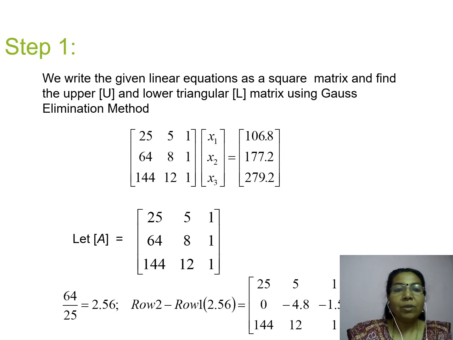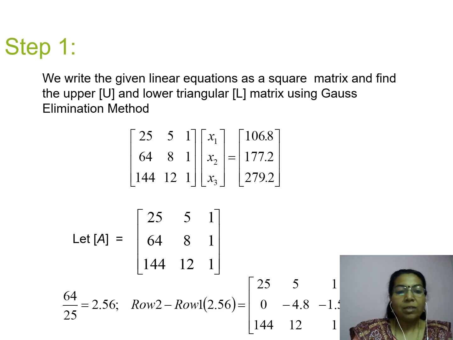As I said before, in the first step we rewrite the given equations in matrix form, and then we can find the upper triangular as well as the lower triangular matrix using the Gauss elimination method. So the matrix A becomes 25, 5, 1, 64, 8, 1, 144, 12 and 1.